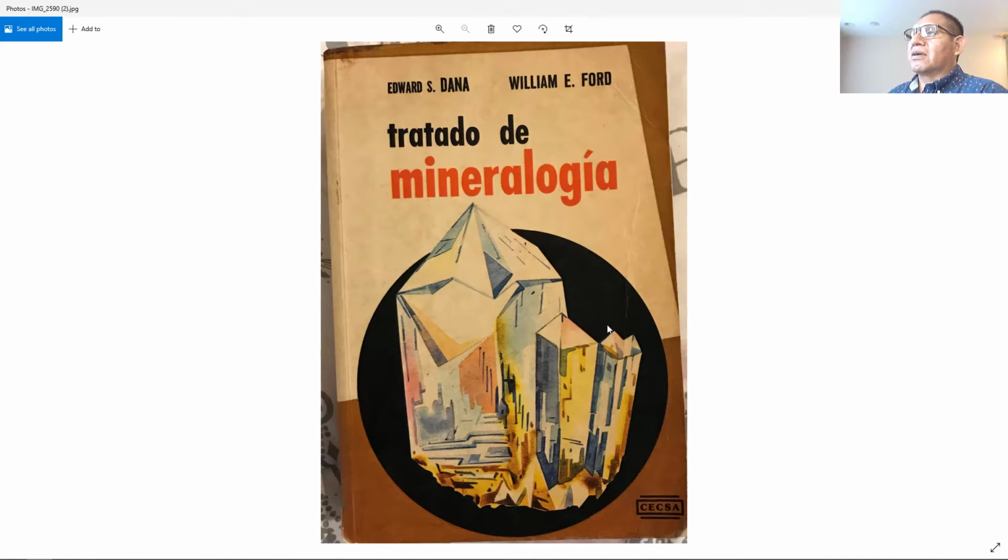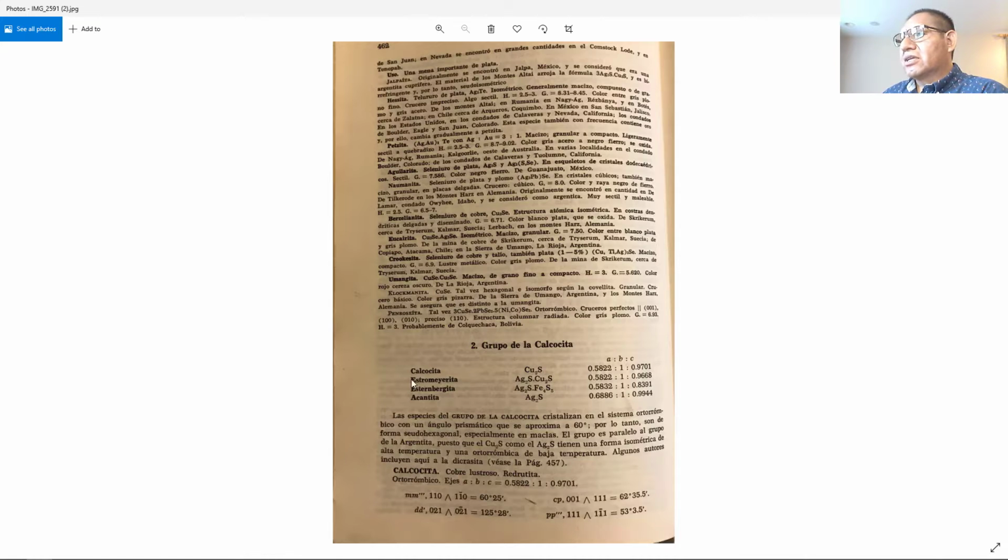And the next good book is Tratado de Mineralogía from Dana Ford too, and this is from 1986 too. Something I want to show in this one is the description of the specific mineral.